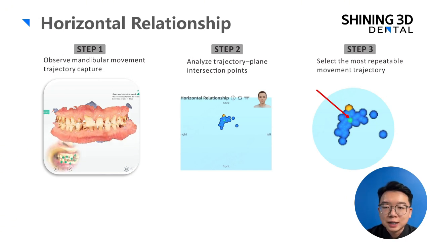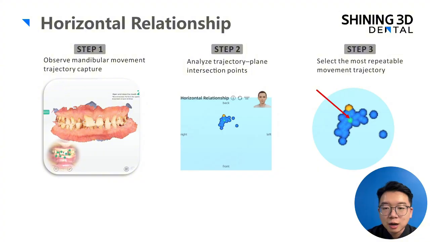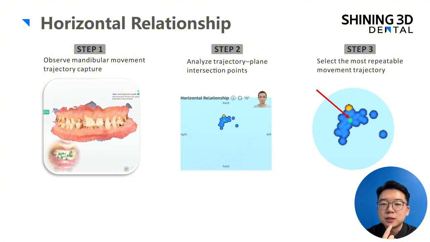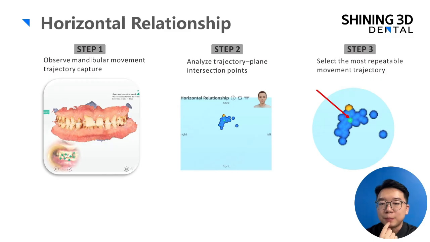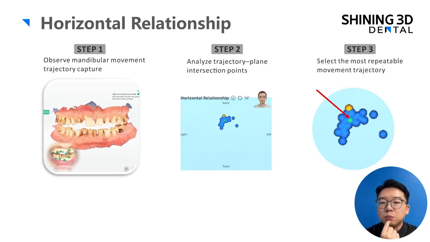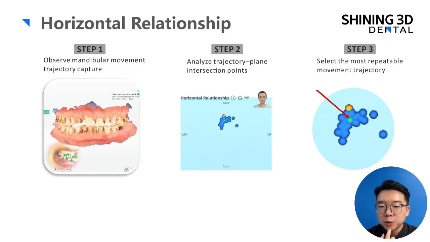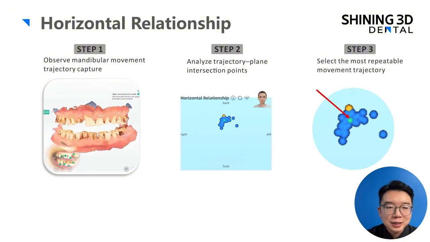The green dot means the trajectory that you select as the horizontal relation between the upper and lower jaw for this patient, which means that's the trajectory you select for the patient's mandible to move along. So that's the horizontal relationship between the upper and lower jaw. You can also change it to any of the blue dots here.